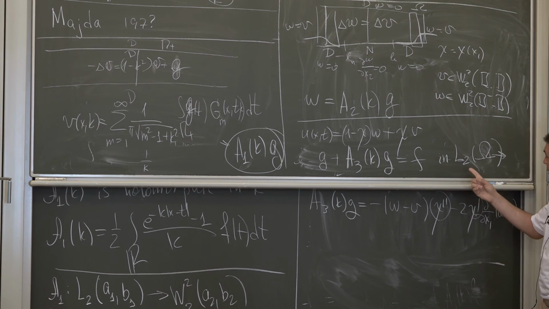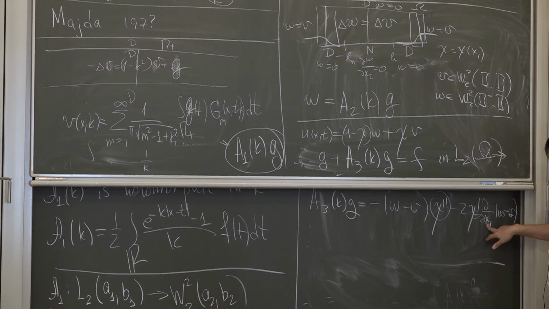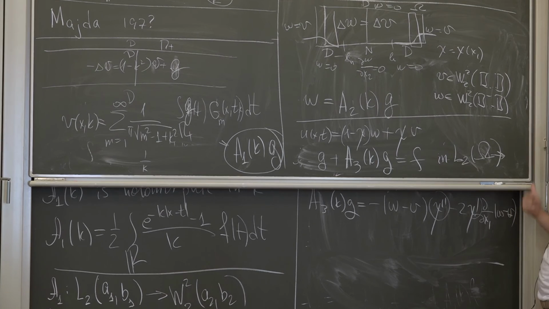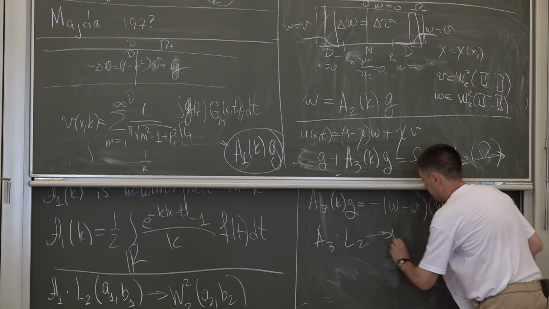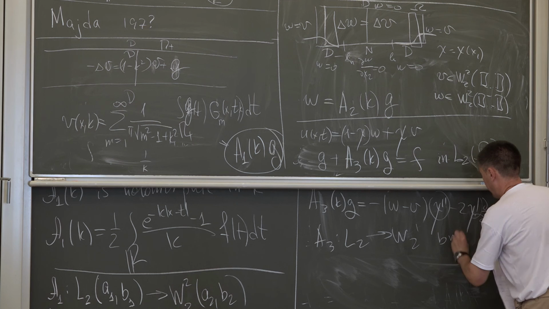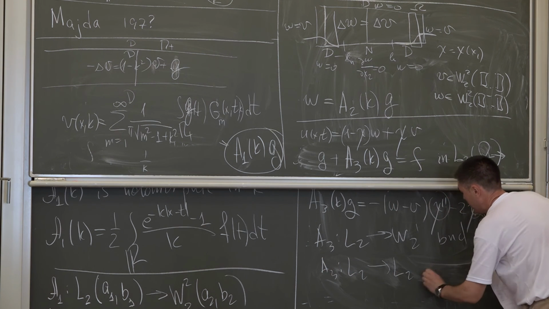As an operator from L2 into W2, it is bounded because from W22 I take just one derivative. And this is why A3 from L2 into L2 is compact.